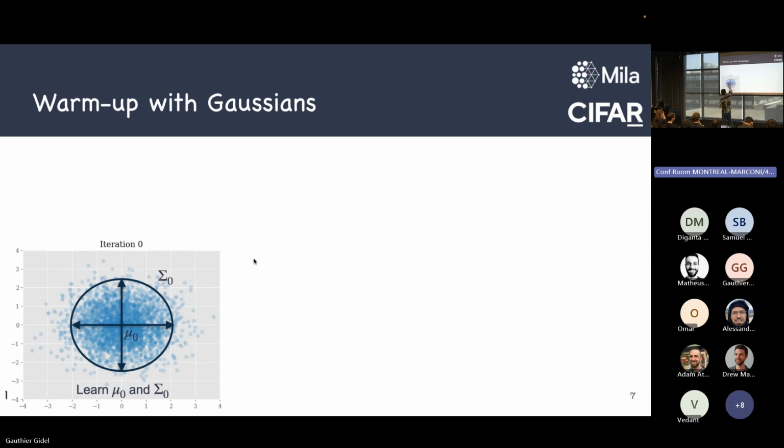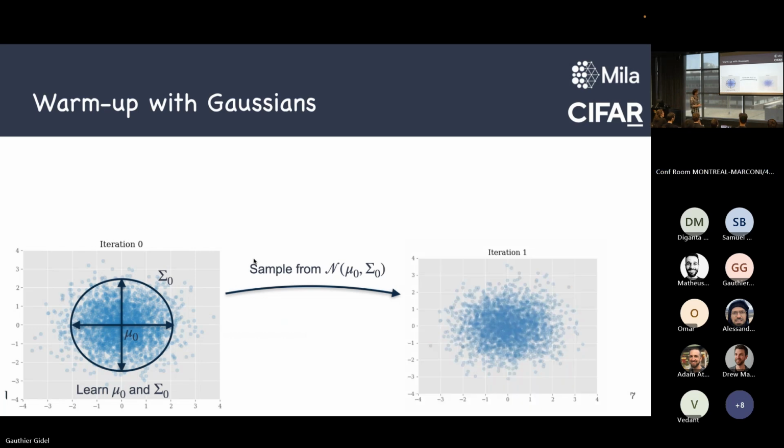So we sample a bunch of data points from this. And learning from these samples basically means that we want to learn the best mean and the best covariance to fit this data. So that's it. We do the learning step. We have learned our mu 0, sigma 0, which is the equivalent of the theta 0 from the previous slide. And then we sample from this new generative model. So now we have learned, we sample the new ones, and we get some new data.